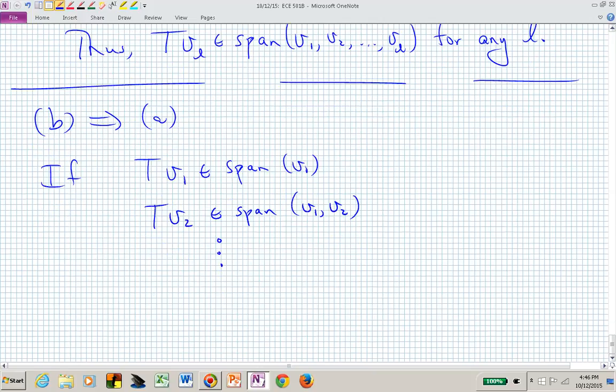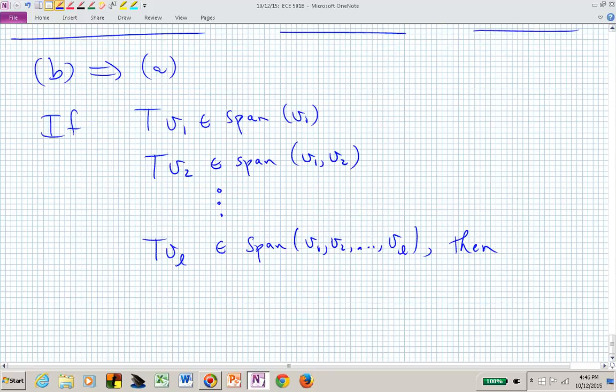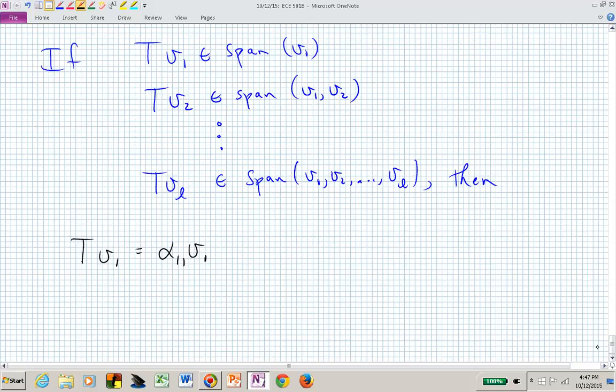We now know from statement B that T v sub L is contained in the span of V1, V2 up to V sub L. We can rewrite that. We could say then that T v1 is some scalar combination of V1. That's what being in the span of V1 means. And let me label that scaling with 2 subscripts, alpha 1, 1.